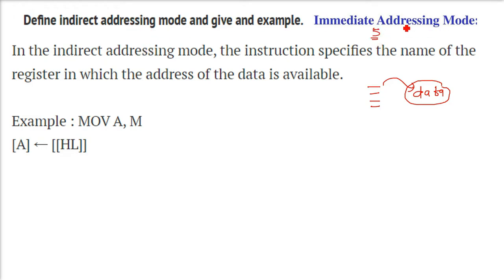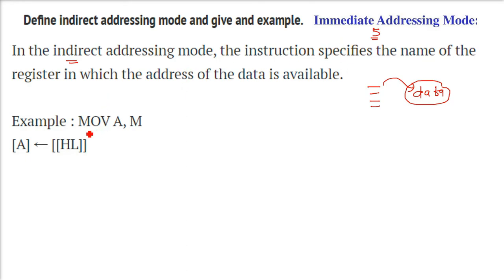In indirect addressing mode, the instruction specifies the name of the register in which the address of the data is available. The instruction will indicate the name of the register, that register in which the address of the data is available. Did you get it? I'll show you with a diagram.